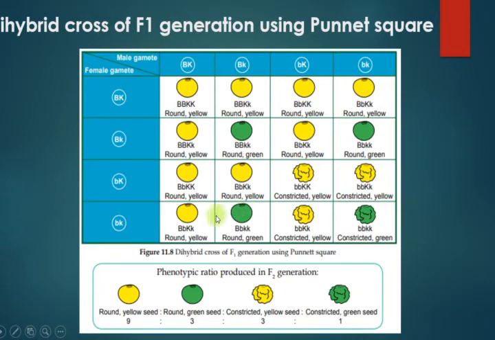So what do we summarize from here? The hybrid cross of the F1 generation using the Punnett square will show the phenotypic ratio of 9 round and yellow seed, 3 round and green seed, 3 constricted and yellow seed, and 1 constricted and green seed.